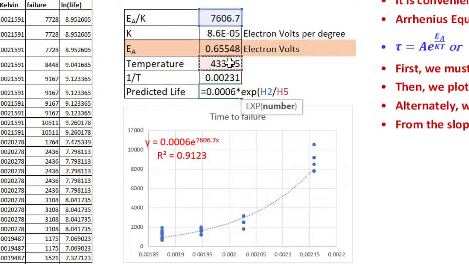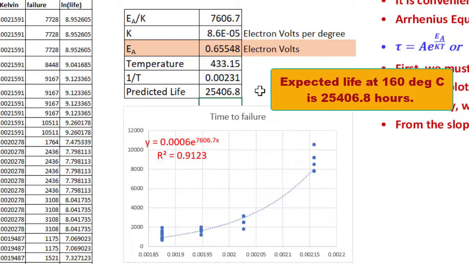So that gives me a life of 25406. So the expected life at temperature of 160 is 25,406.8 hours.